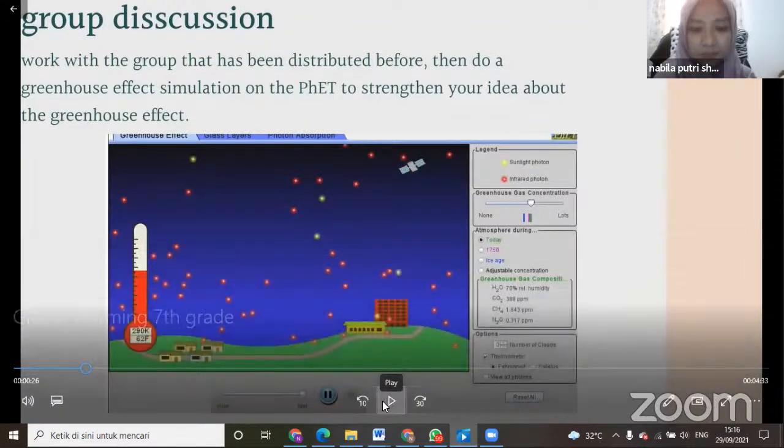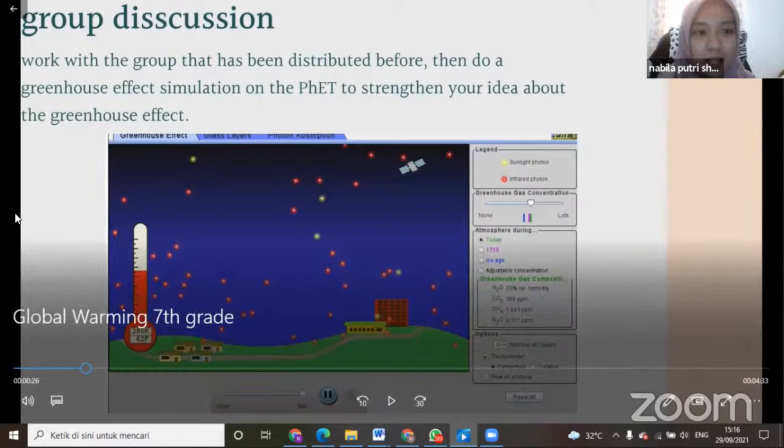All right. So students, let's do a simulation on the PhET. In this PhET you can see the increase of the temperature when you add the greenhouse gas concentration here. Here you can add how many greenhouse gases you will add to this environment.